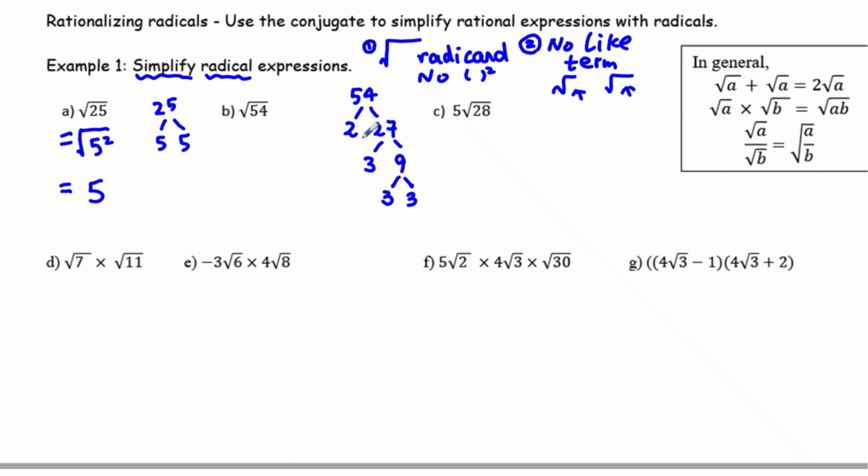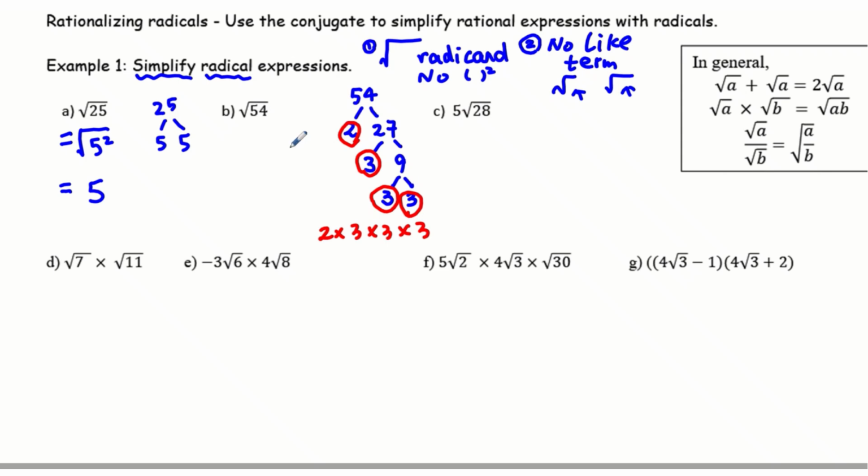In the factor tree, the end of each branch gives the factors of the number that we are factoring. So 54 equals 2 times 3 times 3 times 3. This is fully factored.